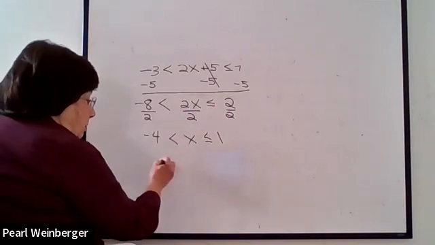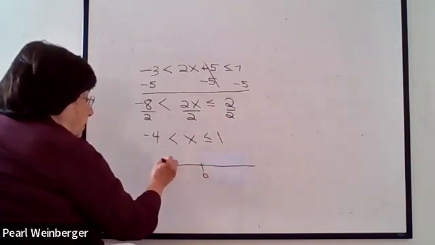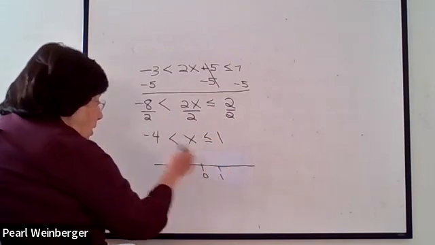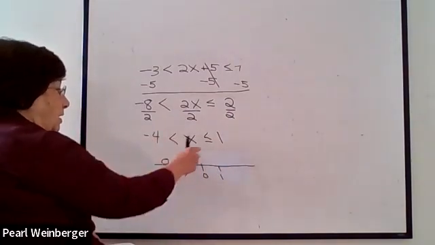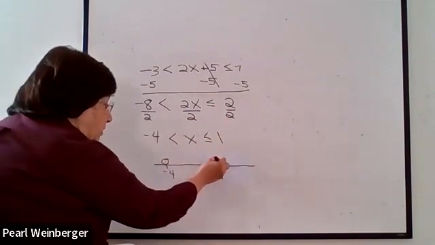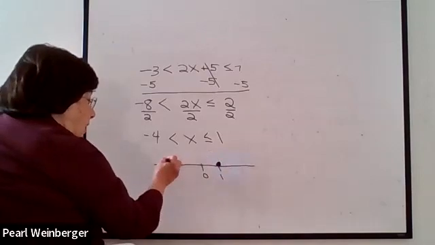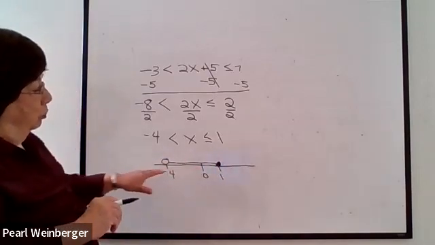In number line form, here's my -4 and my 1. At the -4, I have an open circle because it's just less than. At the 1, I have a filled in circle because it's less than or equal to. And I have a line connecting the 2 points.